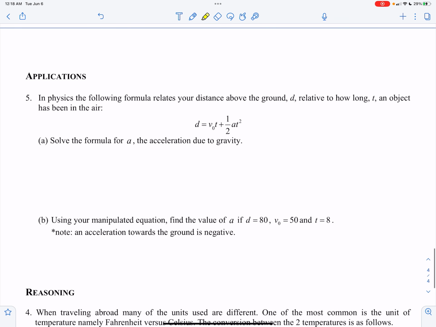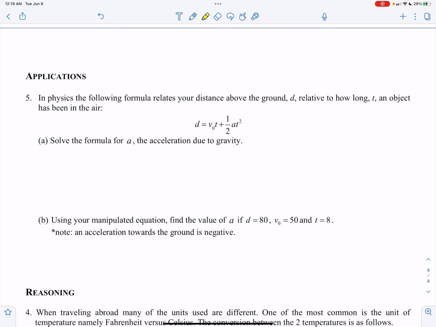Okay, and on our final page in the applications, we're going to look at two actual physics-related examples and how we deal with the equations and rearranging those equations for certain variables. So part 5, in physics, the following formula, remember formula is just another word for equation, relates your distance above the ground, d, relative to how long, that's time t, the object has been in the air.